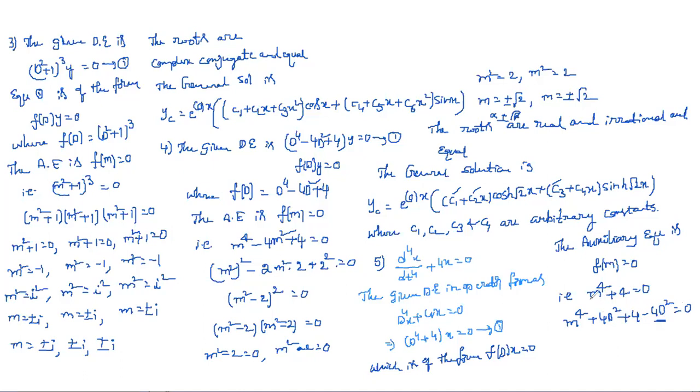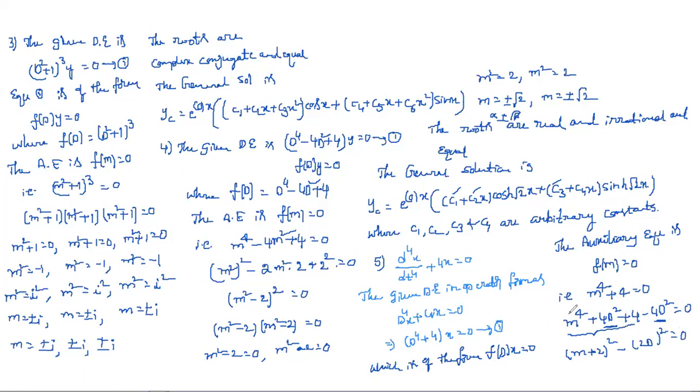Or if you want, you can do it by the synthetic division method, no problem. Very good, already someone said the answer. Now, can you write this up to this term? We can write m square plus 2 whole square minus 4m square, which is 2m whole square, is equal to 0. Got it?